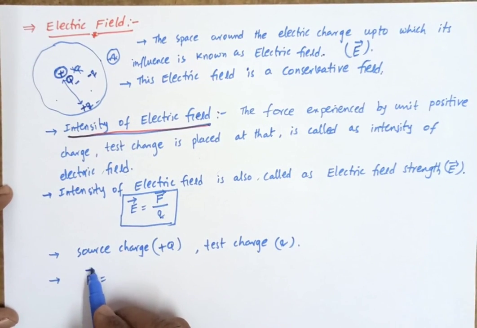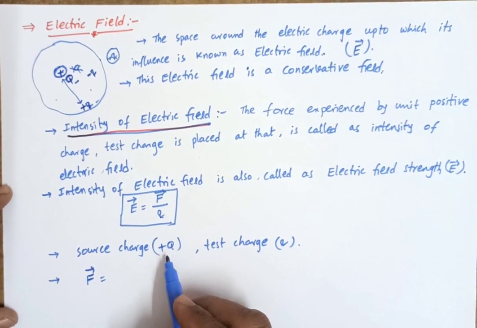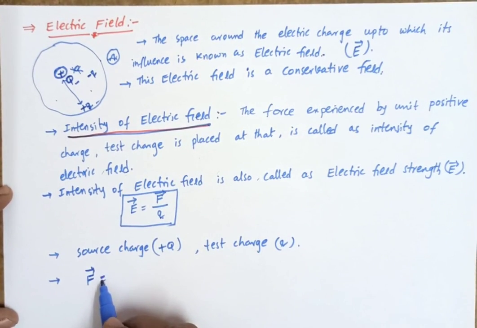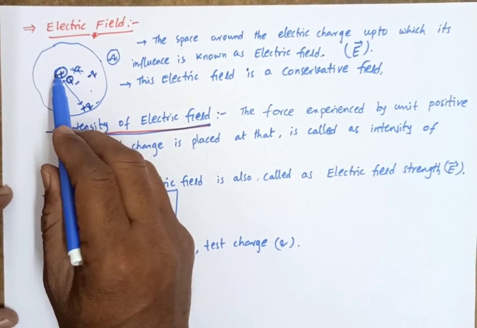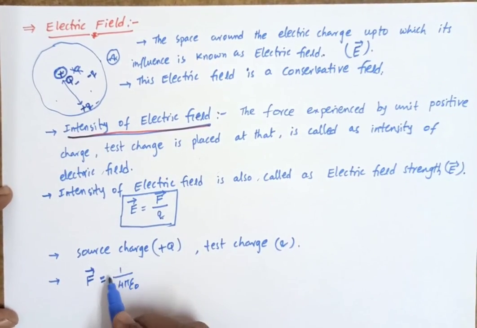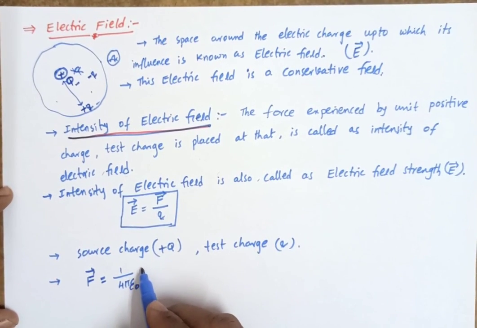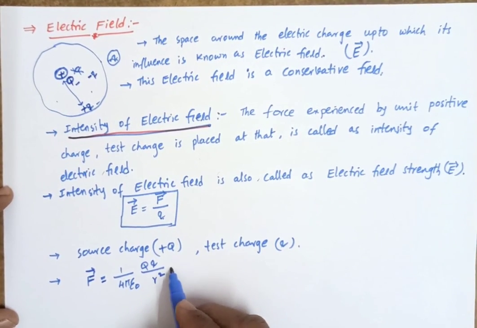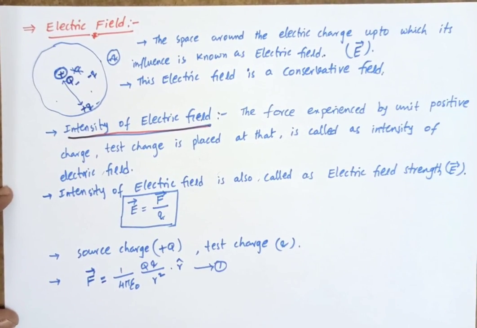According to Coulomb's law, F equals, considering the source charge as plus Q, 1 by 4 pi epsilon naught, with plus Q and small q kept in free space. Then F bar equals 1 by 4 pi epsilon naught into Q small q by R square into R cap. This is equation number 1.